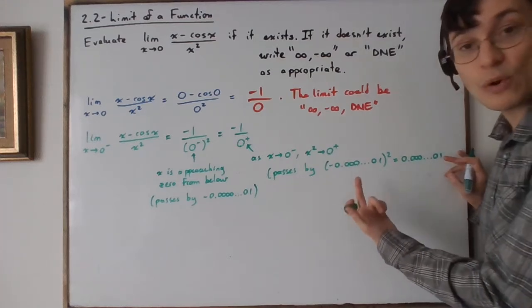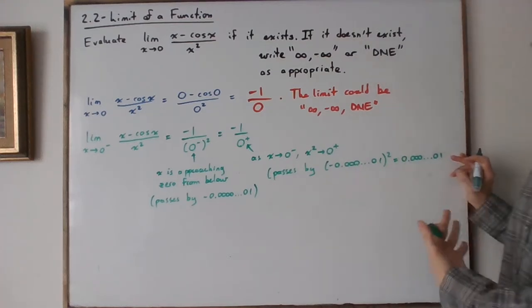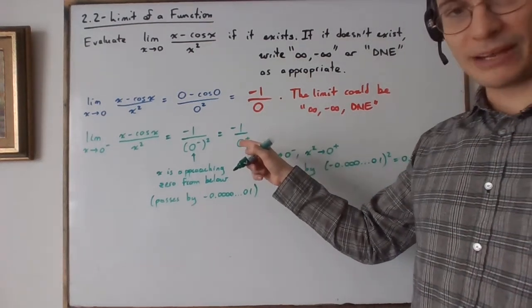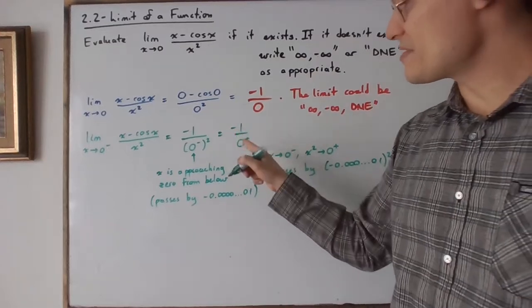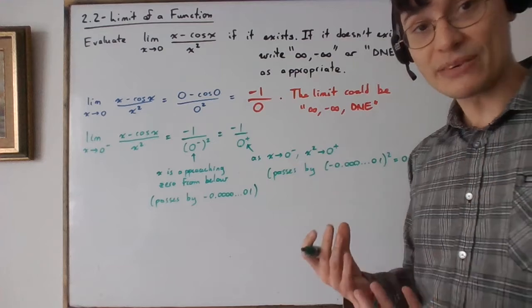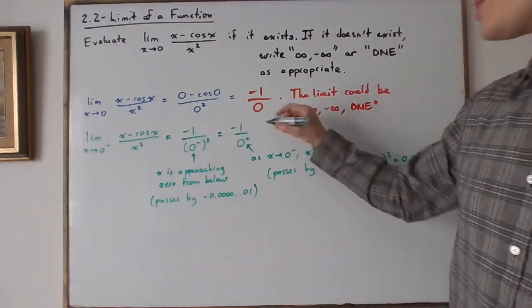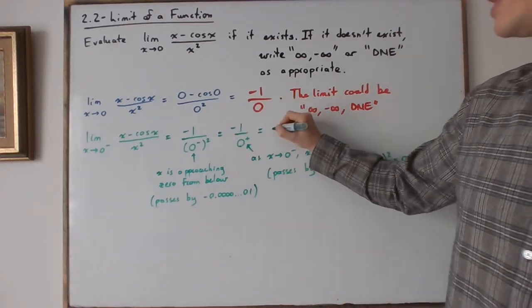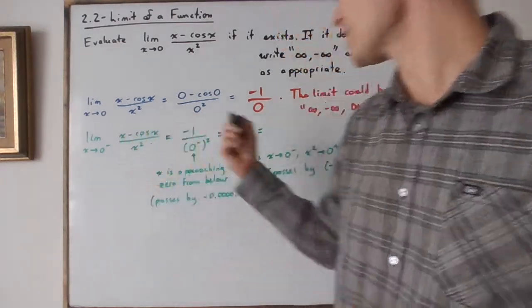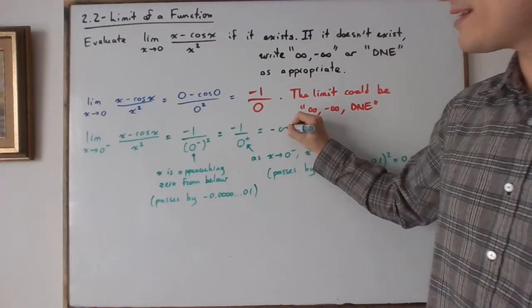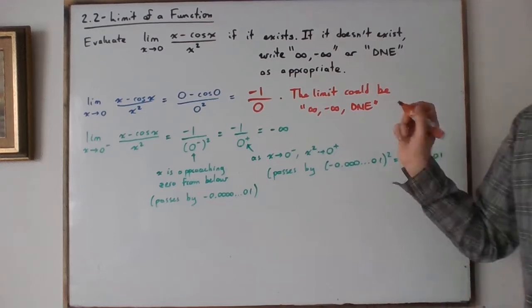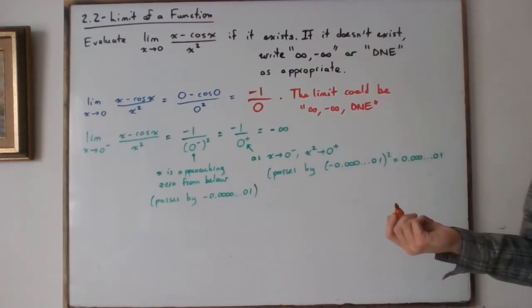The idea is if you square a negative number, you're going to have a positive number. Now you look at the overall sign. You're going to divide the negative number by a very, very small number that's approaching 0 but stays positive. So this overall function is going to approach negative infinity. That's for the limit from below.